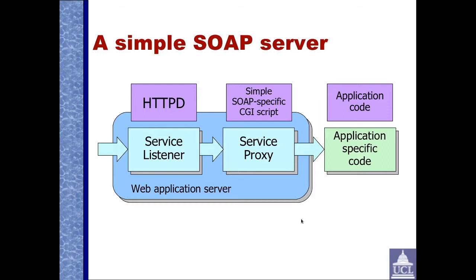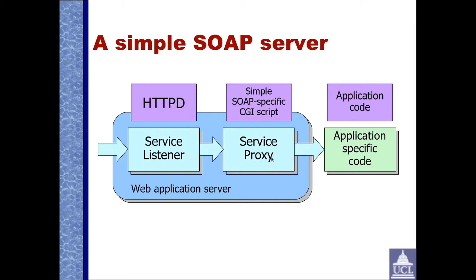So in order to implement a SOAP server, we need to have some sort of listening protocol, such as HTTP, and that could be a normal web server, such as Apache. That's the sort of standard web server that's most widely used. And then we need what's known as a service proxy.